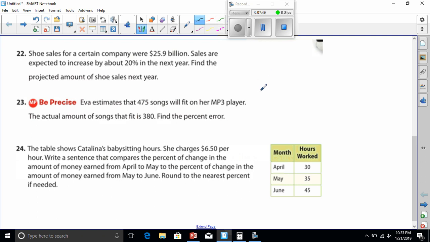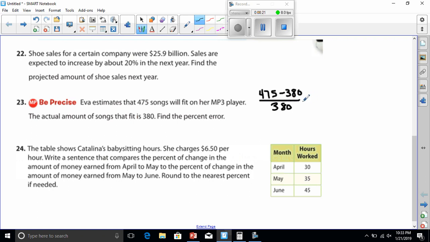Well, big number, 475, minus the small number, which is 380, over the original. And the actual amount, the actual is 380, so we'll be dividing by 380. Even though she estimated this, remember, we're taking it from the actual amount.